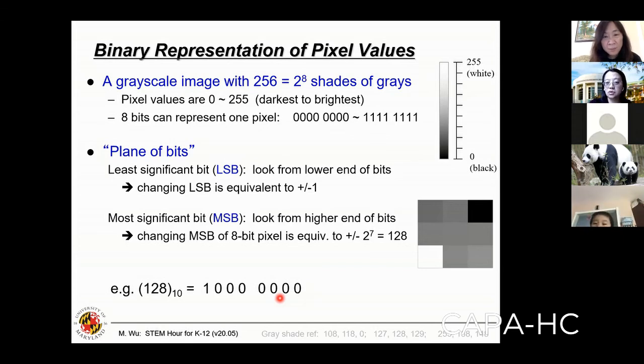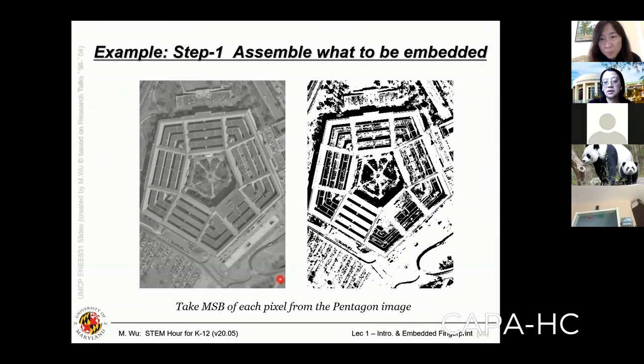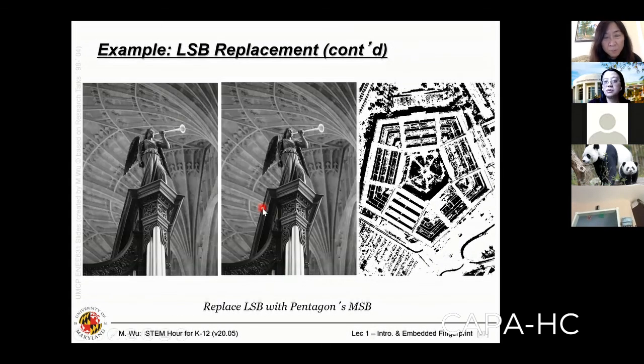In this particular strategy, I do not even need to know the original picture in order to read out what hidden picture we have put in. So in this particular example, I just need to read out the last bit and then put this into the array here and visualize it for you.